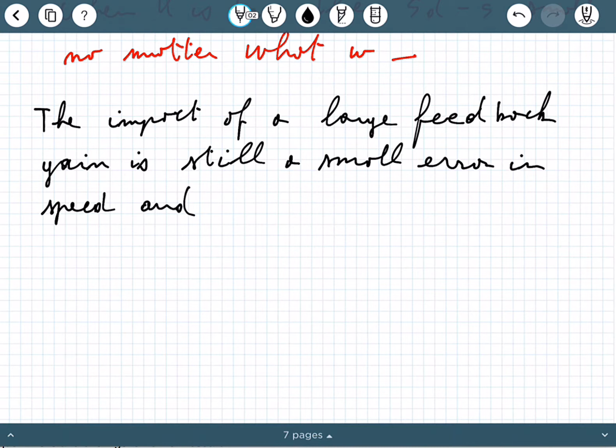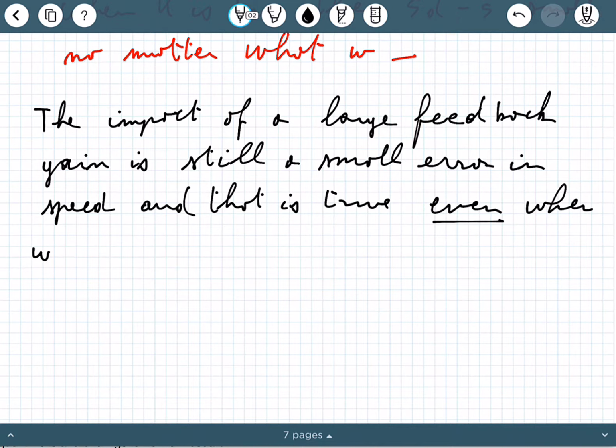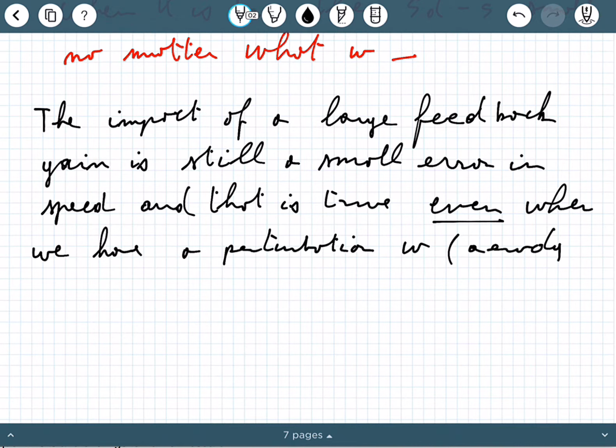And that is true even when we have a perturbation W, which is a mix of aerodynamics and slope changes.